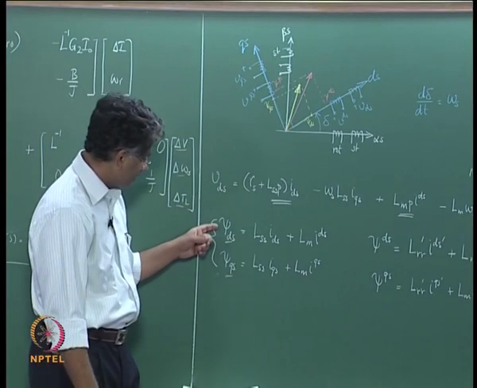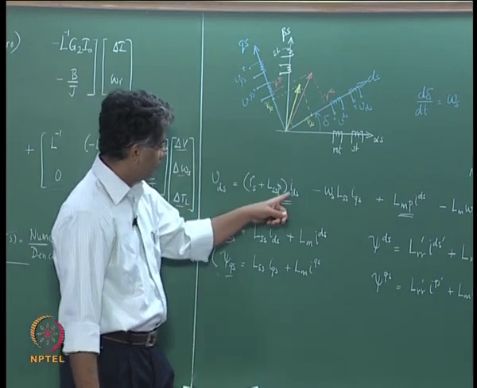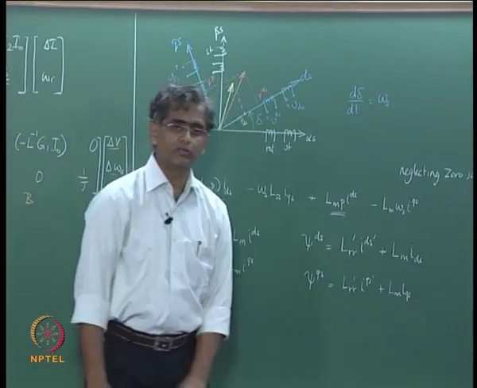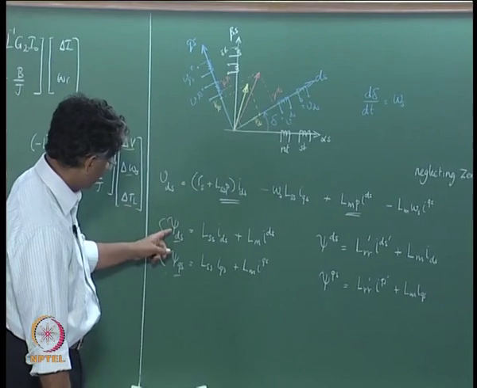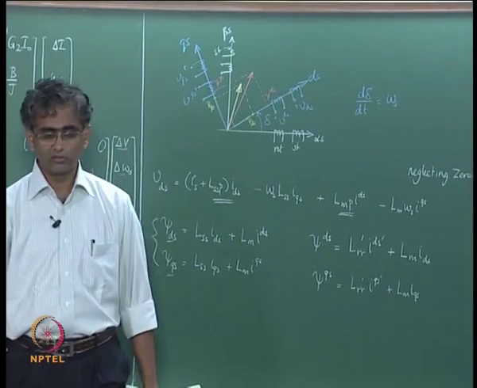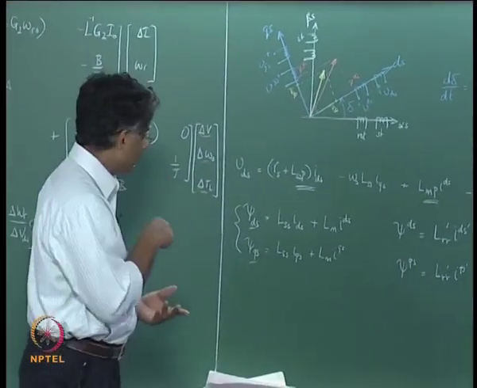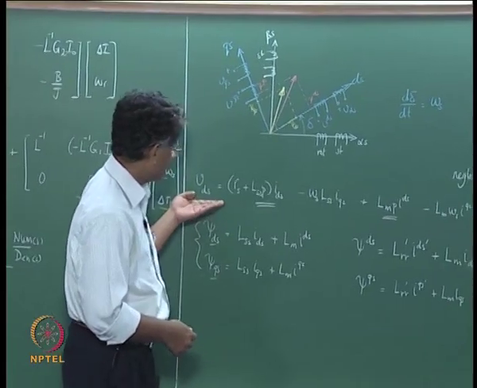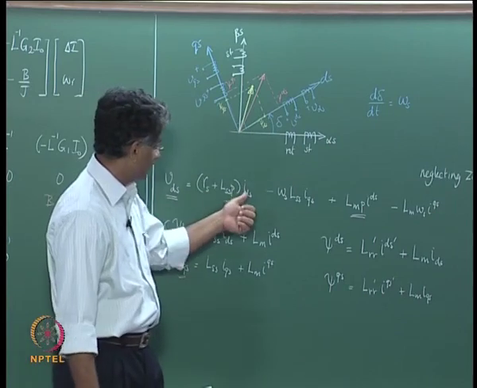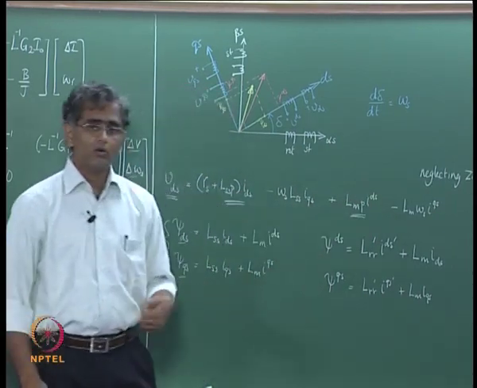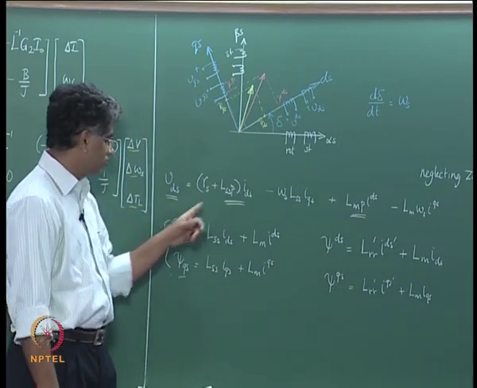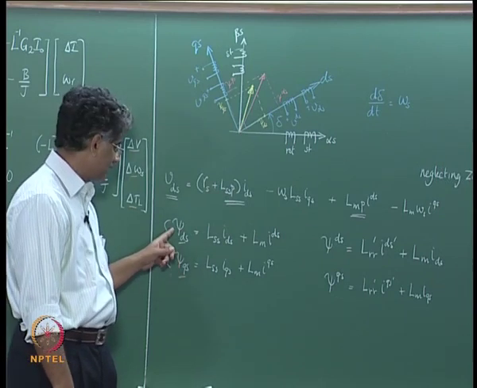Now, you see that you have 4 variables here, Ids, Iqs of the stator, Ids', Iqs' of the rotor, and you have 4 variables here as well, psi ds, psi qs of the stator and psi ds', psi qs' of the rotor. Therefore, instead of describing this equation for Vds in terms of the variables I, you can choose to have the independent variable as psi.